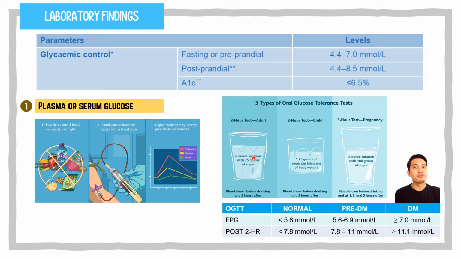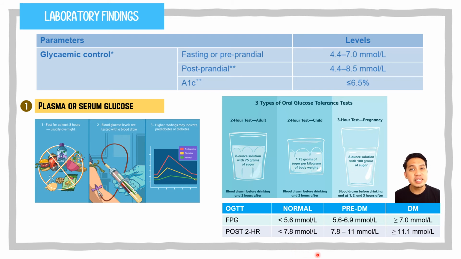Blood samples for plasma glucose are obtained before and after 2 hours of glucose ingestion. An OGTT is normal if the fasting venous plasma glucose level is less than 5.6 millimole per liter and the 2-hour value falls below 7.8 millimole per liter.